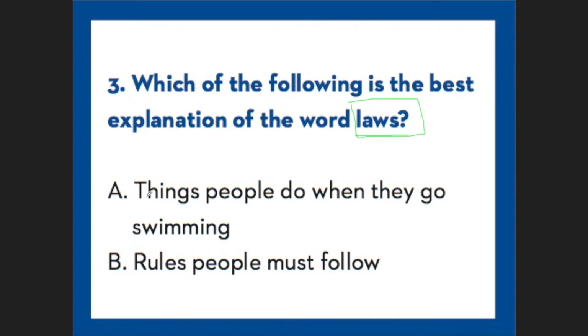A, things people do when they go swimming. Or B, rules people must follow. Again, for the best explanation for the word laws, we have A, things people do when they go swimming, or B, rules people must follow. Give you guys a minute.